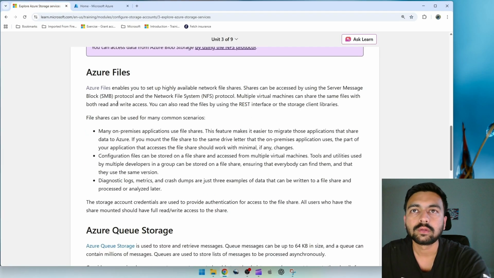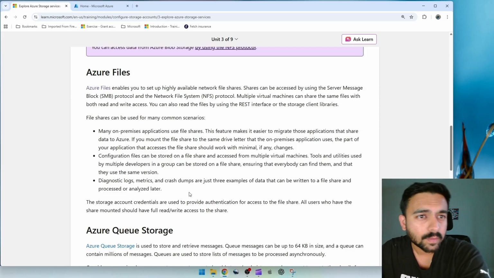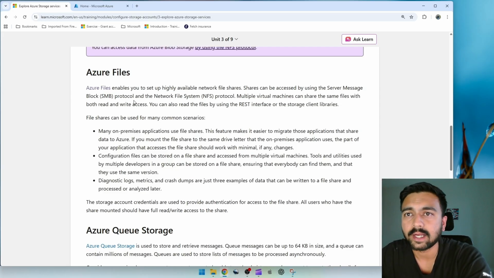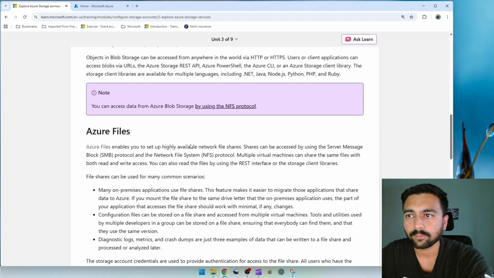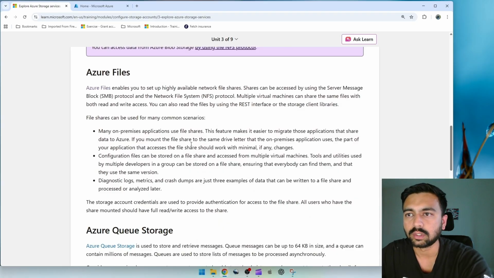I'm sorry, I was a little fast, but that is what Azure File Share basically does. It's especially created for use cases where the application is on-prem and is using file share. So you can move that over to Azure and replicate that in Azure, which is much easier.